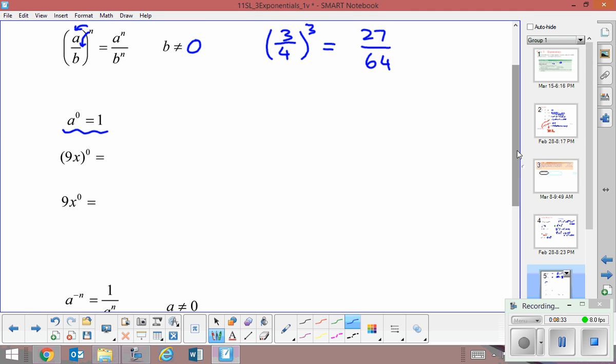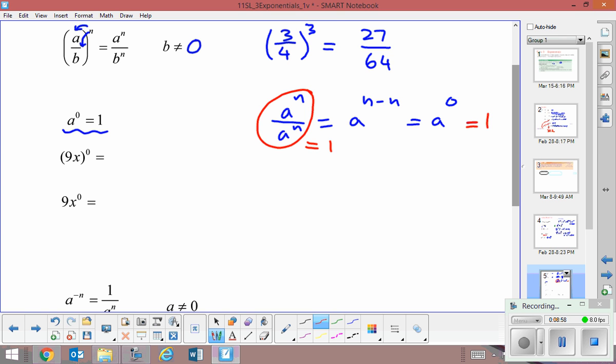So if I have a to the n over a to the n, then our rule says a to the n minus n, which equals a to the 0. But we can see that a to the n divided by a to the n is the same numerator and denominator. That must equal 1. So therefore, a to the 0 equals 1. And that's going to be true for anything. So any power of 0 is equal to 1.